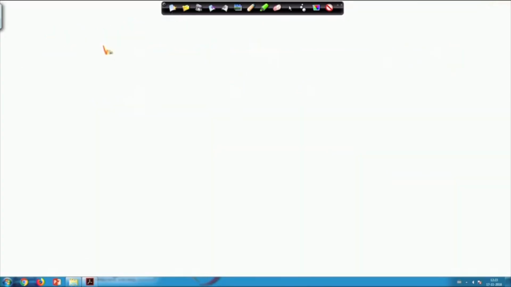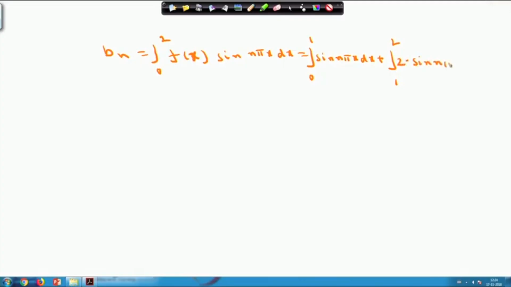Similarly, your b n is equal to the integral from 0 to 2 of f x into sin n pi x dx, which you can write down as the integral from 0 to 1 of sin n pi x dx plus the integral from 1 to 2 of 2 into sin n pi x dx.